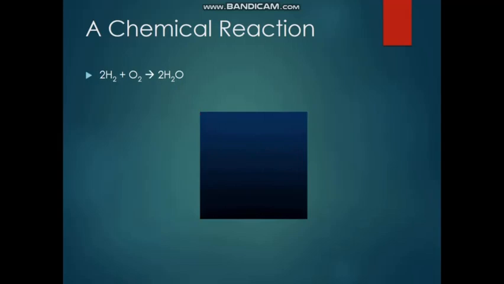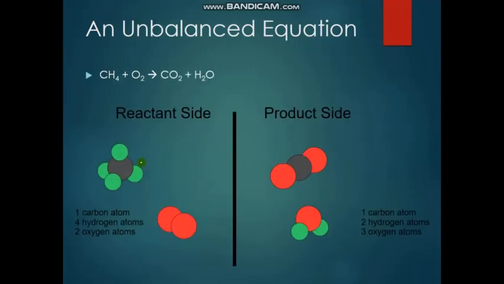Let's go to another example. You have here an unbalanced equation. Let's look at why this chemical equation is unbalanced. You have here methane. It combined with oxygen to form carbon dioxide and water. As you can see, in methane, we have 4 hydrogen atoms denoted by the subscript, and 2 oxygen atoms.